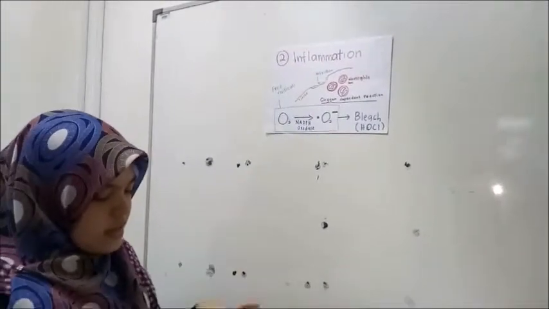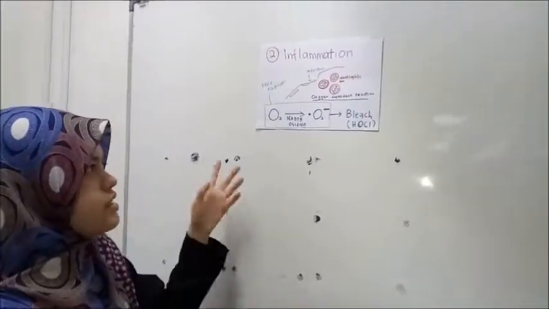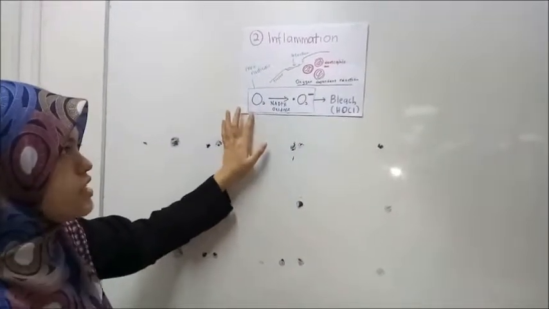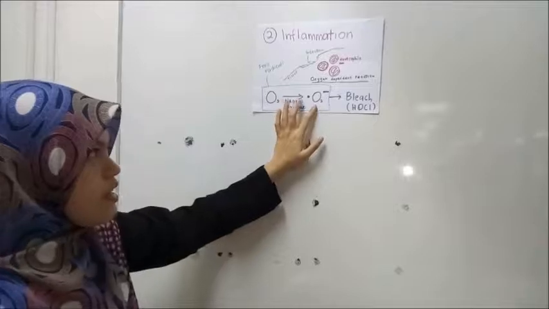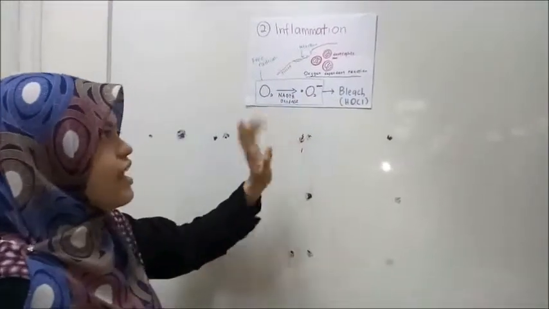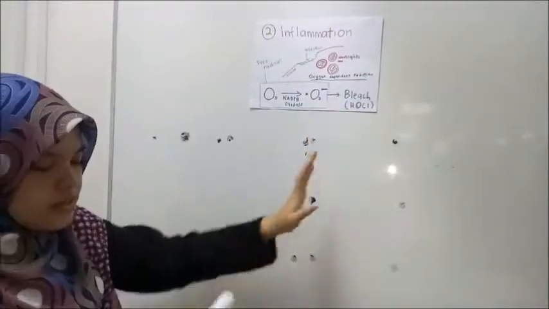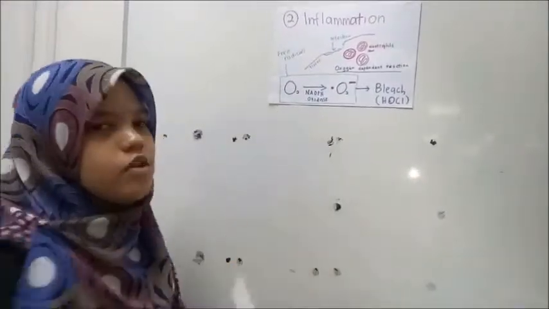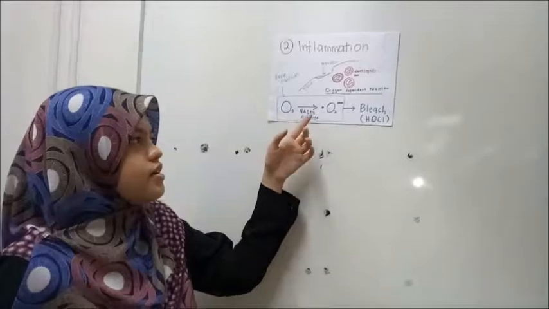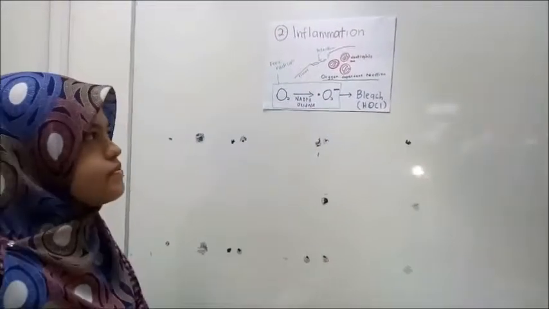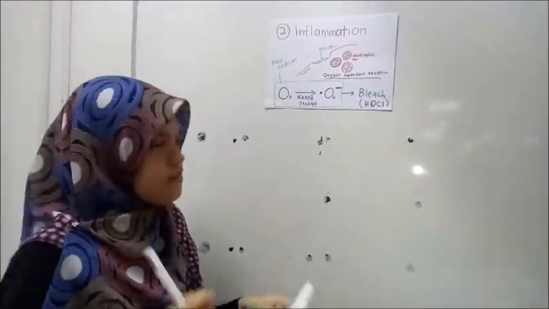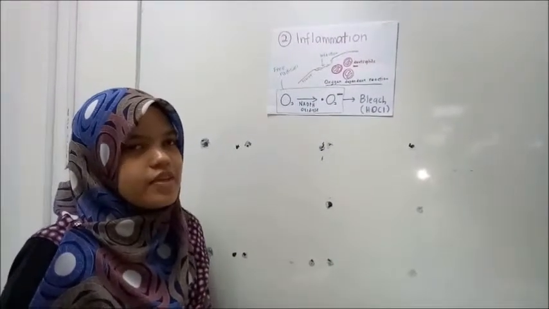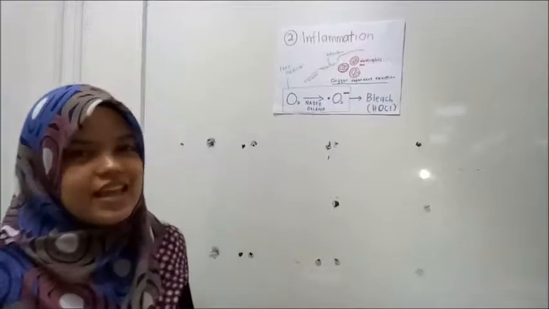In this process, NADPH oxidase will convert the oxygen to superoxide, and in further reaction it will form bleach. However, we will focus on the first reaction, where the free radical forms, and this free radical will cause some damage to your cell.